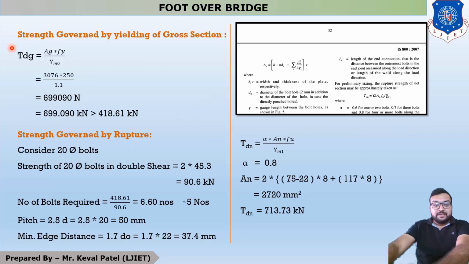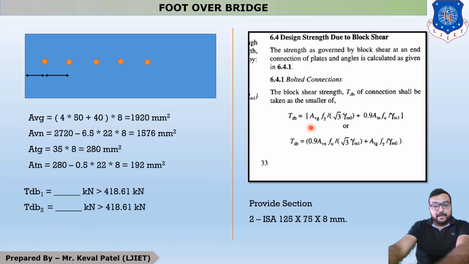Second is design strength by rupture, whose equation is given on page number 33. And the third is design strength due to block shear. All these steps are covered in our last example, and this is also a revision of your elementary structural design, in which steel components are there.